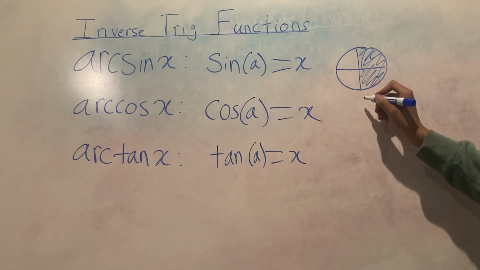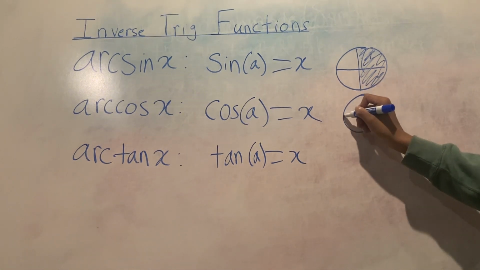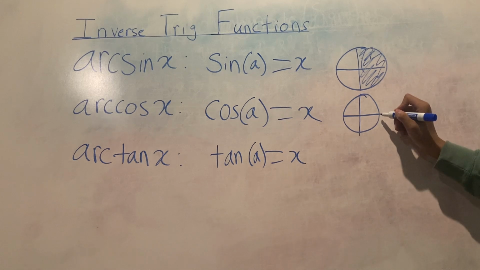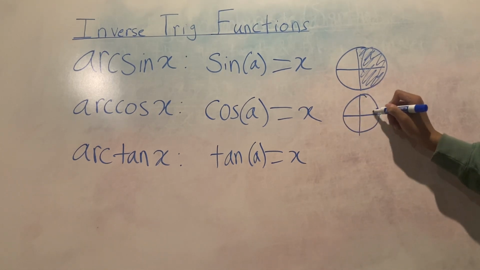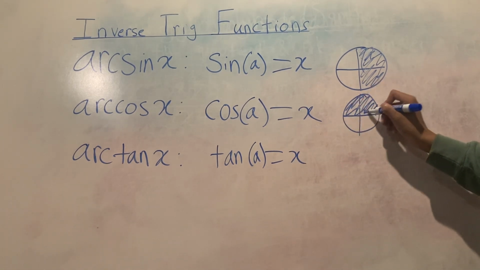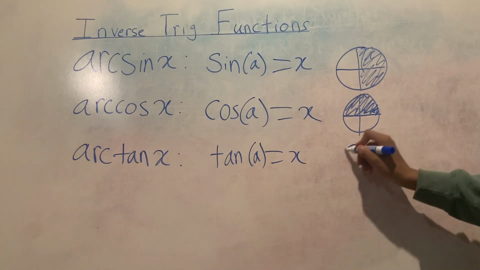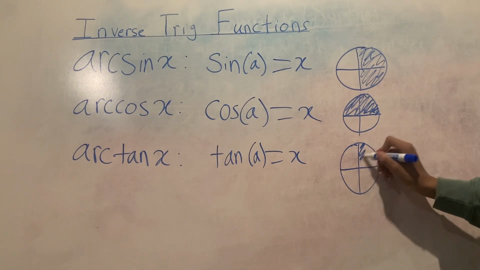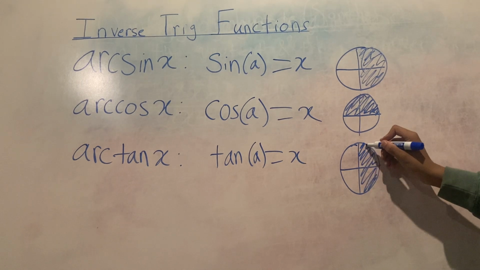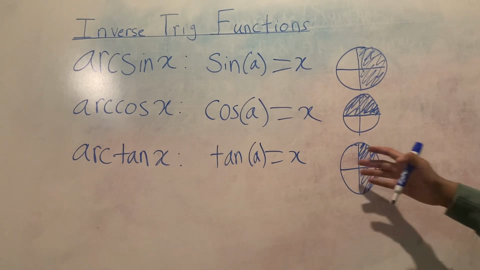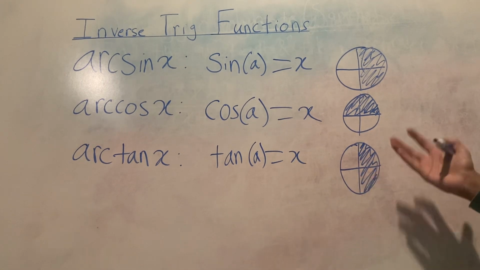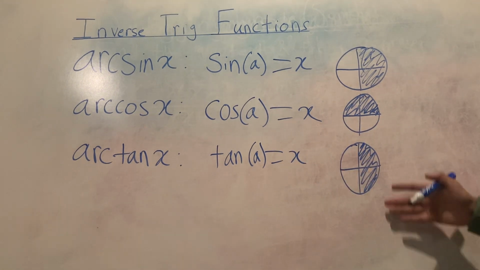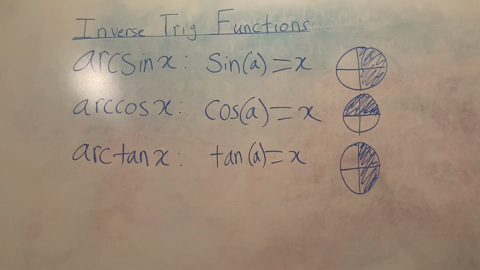And with arc cosine, it's only from 0 to pi, so arc cosine is only in these quadrants here. And then arc tan is the same as arc sine. It's only in these quadrants here. So if you get an answer that's not in these quadrants, the answer is actually not there, because the arc sine functions only are in these domains right here.